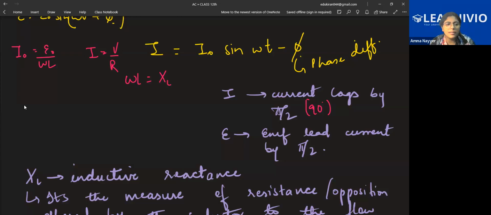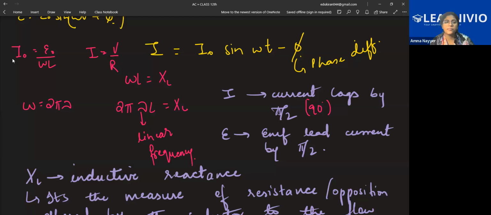Now class, in the last class I remember Zara was answering 2 pi nu. Remember this? Omega is equal to 2 pi nu. So sometimes we can use 2 pi nu L is equal to XL. What is nu? Linear frequency.